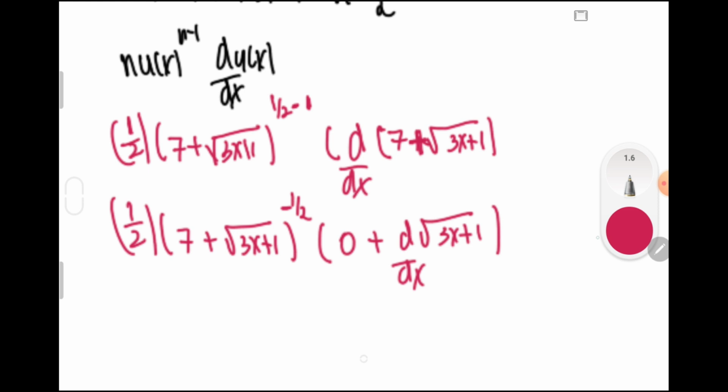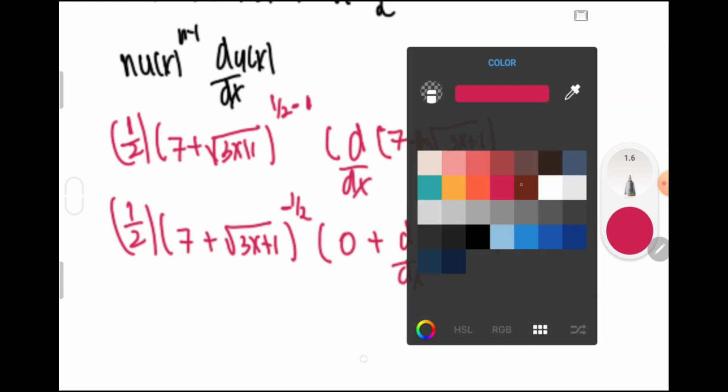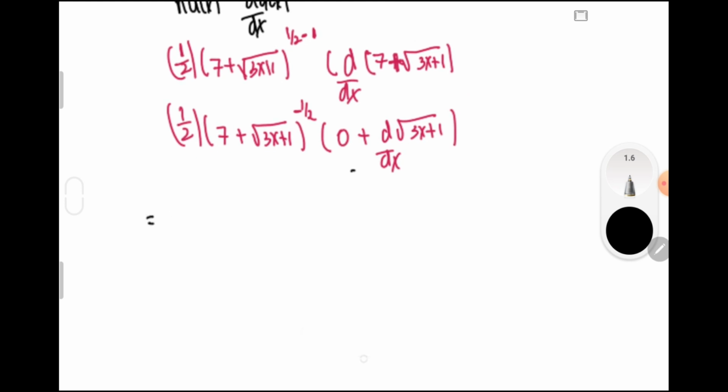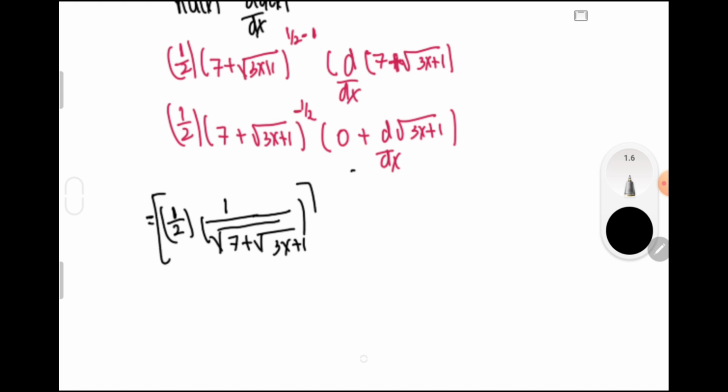Okay, so from this we will have 1 half multiplied by 1 divided by square root of 7 plus square root of 3x plus 1. Let's show this. Plus the derivative of our 3x plus 1.